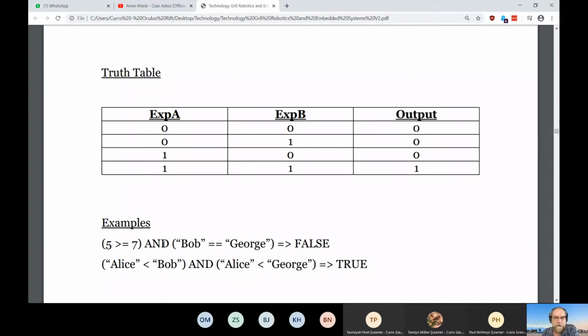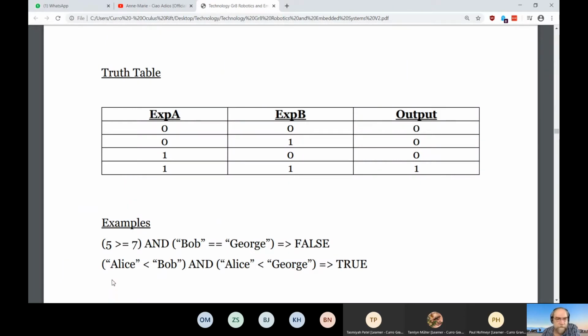And here, is Bob equal to George? Quite clearly not. They are 2 different words. So we've got false and false. And over here, we can see that if we've got a false and a false, the output is false. We know that for an AND, both inputs have to be true. That is why we got a false here, because that is false and that is false.